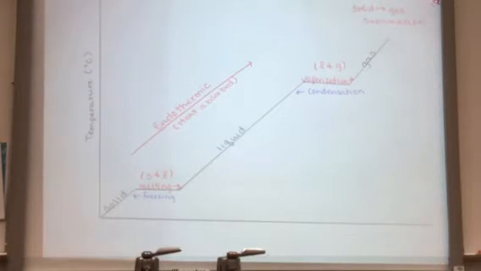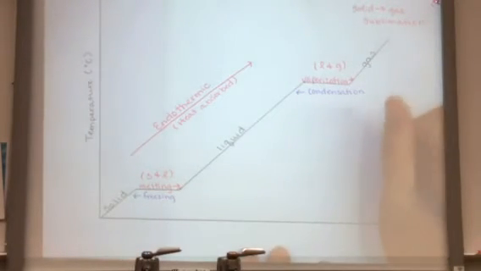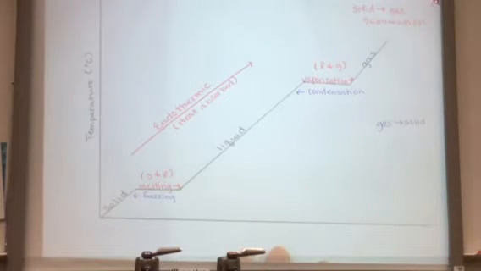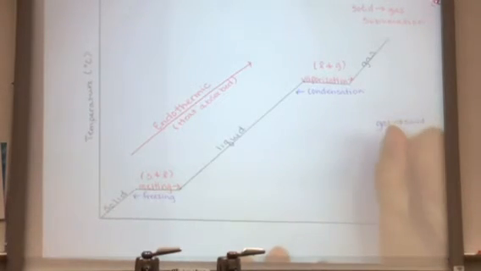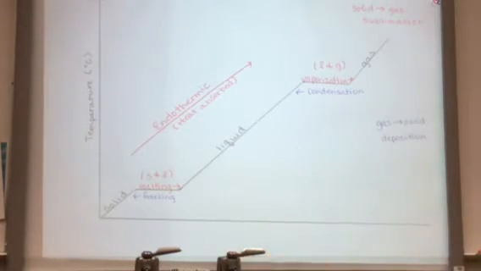Okay, now this is the one that students tend not to remember from middle school. If you go from a gas to a solid, the name of that phase change is deposition. Okay, deposition.